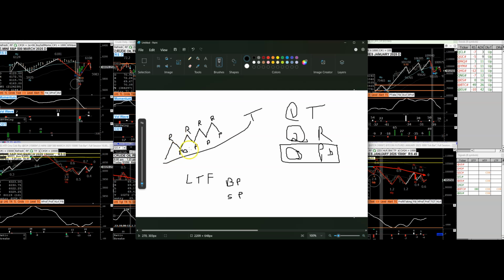So it's just rally, pullback, rally, pullback. As it pulls back, is there buying pressure? The question is, when there's a trend with a rally and it pulls back, on the pullback, is there buying pressure? Yes or no?